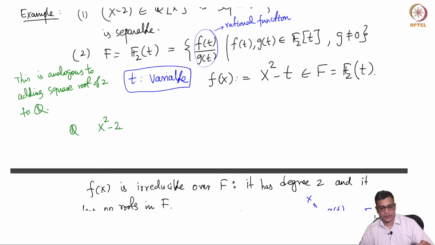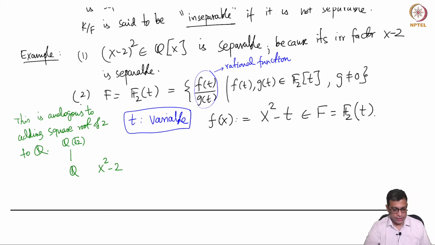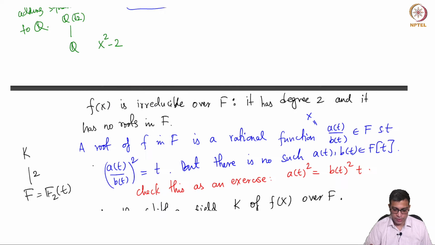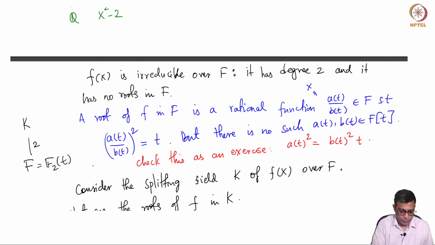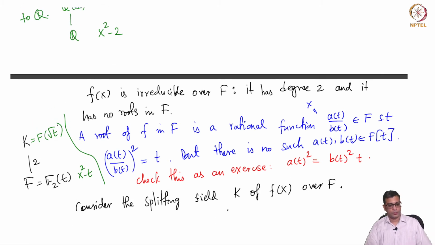Remember, roots of x square minus 2 are square roots of 2, right? So adjoin this. Here you take the polynomial x square minus t and you adjoin a root. It is convenient to denote the roots by root t, because that's what they are, square roots of t.